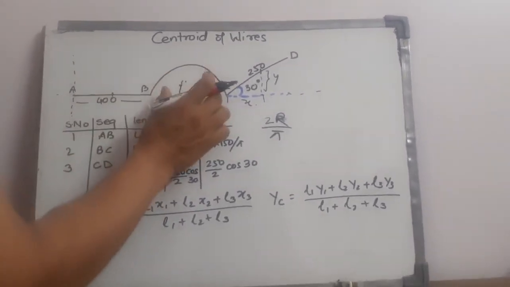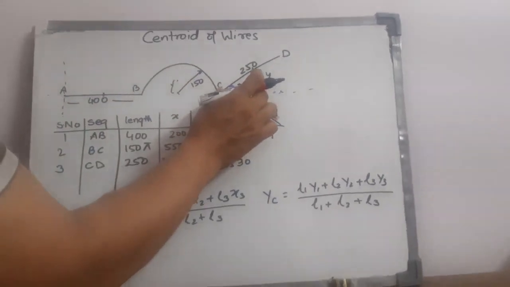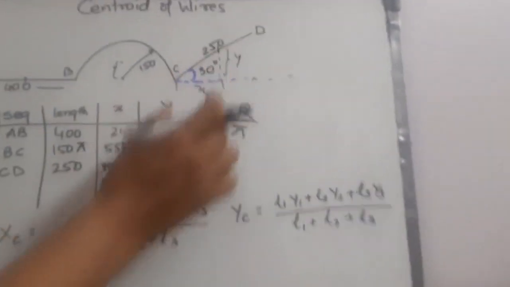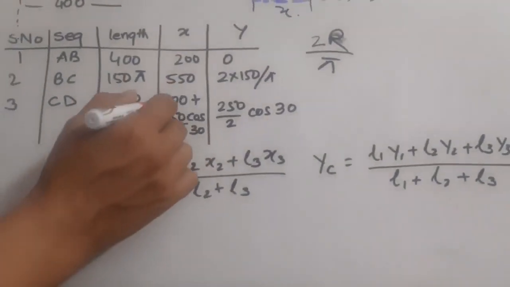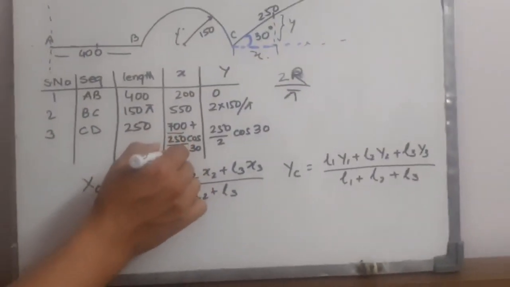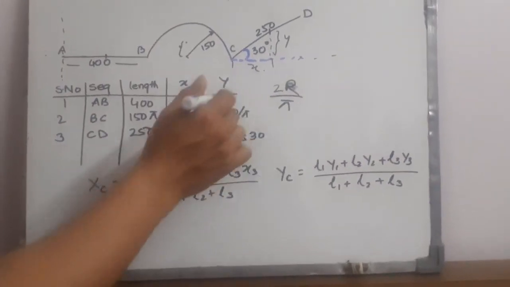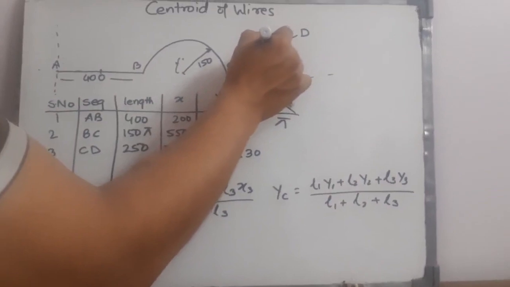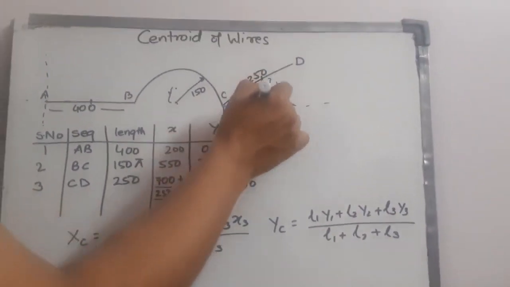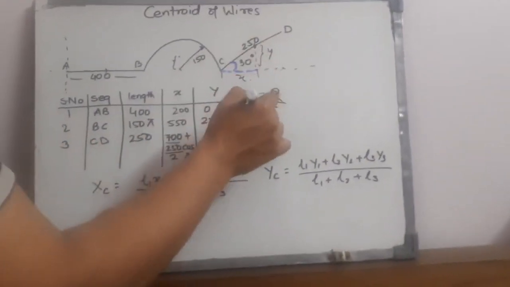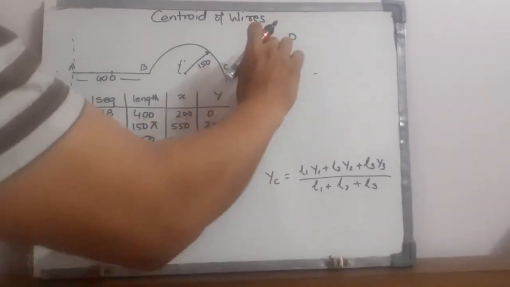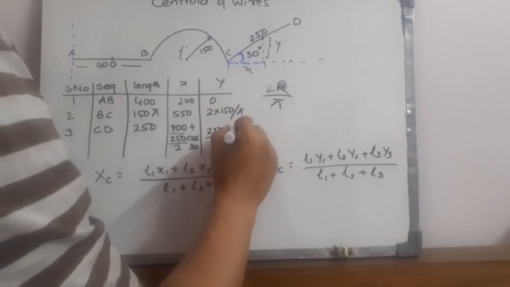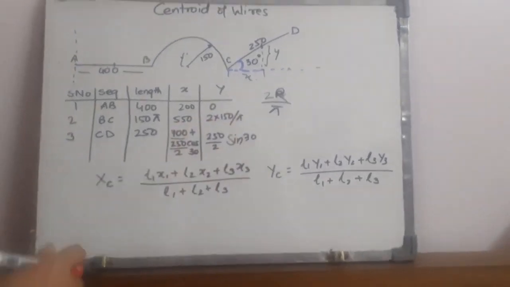So 400 plus 300, 700 plus 125 cos 30. So this distance is 125 cos 30. So you have 700 plus 250 by 2, this is 125 cos 30. Similarly y bar is located here. This will be the location of the centroid. This point is 250 by 2, 125 sin 30.